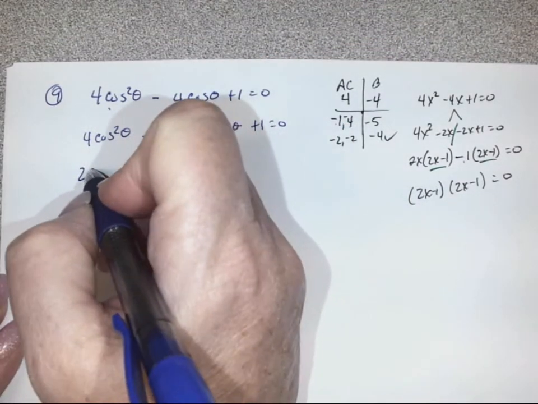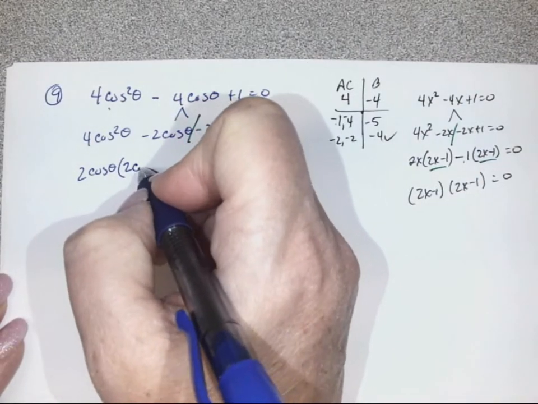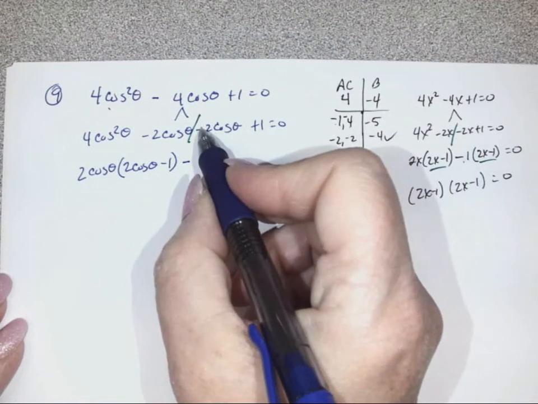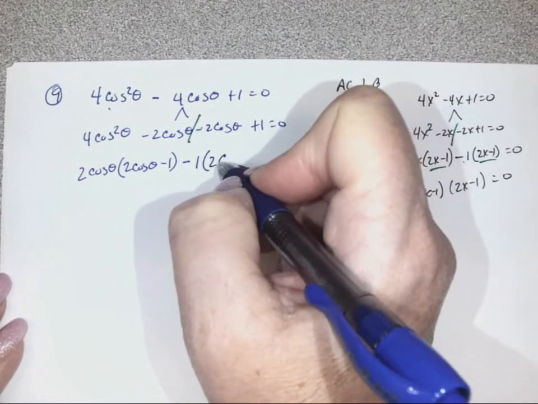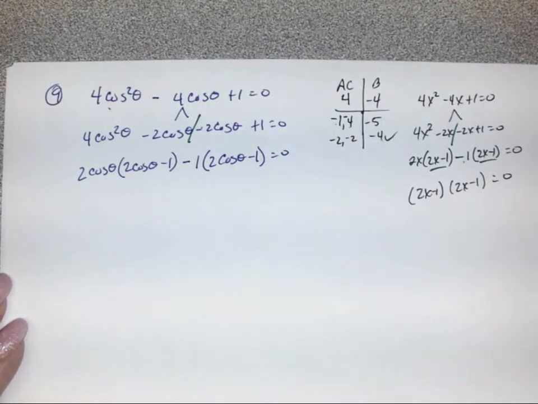So we'll pull out 2 cosine theta, and then we'll have 2 cosine theta minus 1 minus, because we have a minus sign, we can only factor out a 1, and we get 2 cosine theta minus 1. We know we did it right because these match.